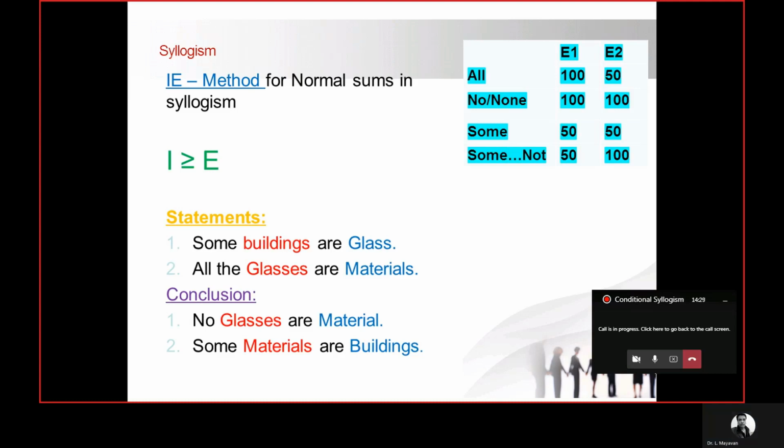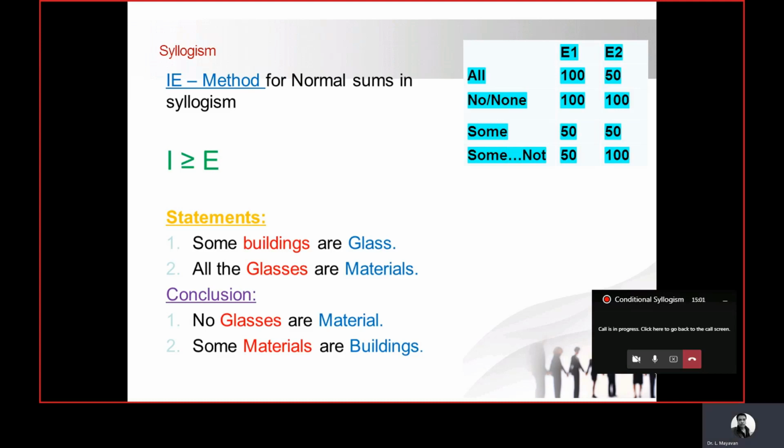All, E1, E2, no or none, some, some not. The values for all are 100, 50, and for none 100, 100. Some 50, 50, and some not 50 and 100. We can also give some other values, so it should be equal proportions, like 50, 100, so it would be easy for you to count.